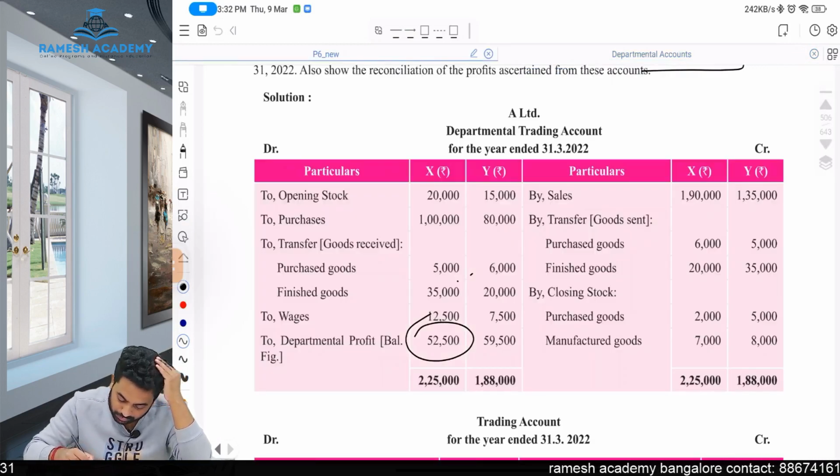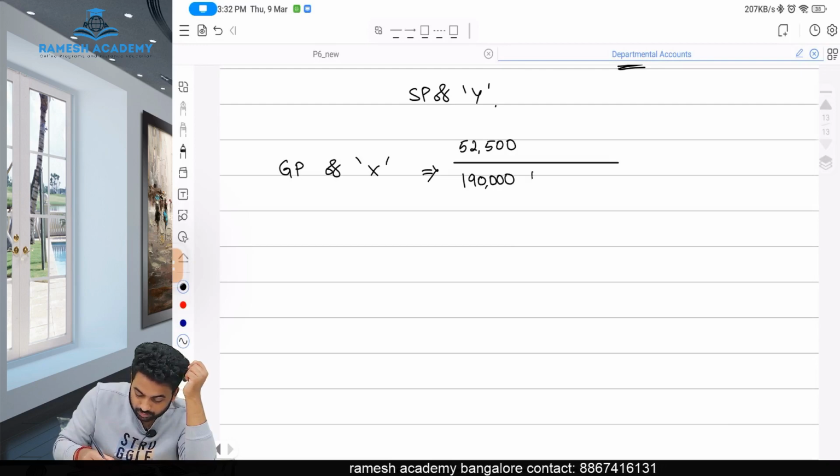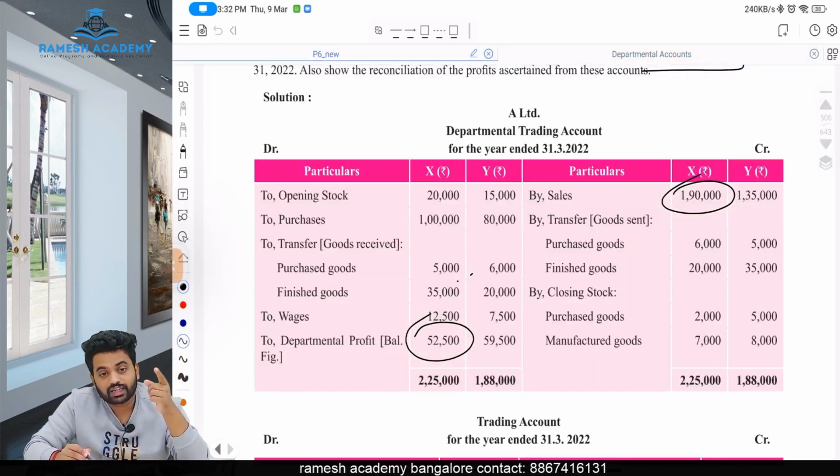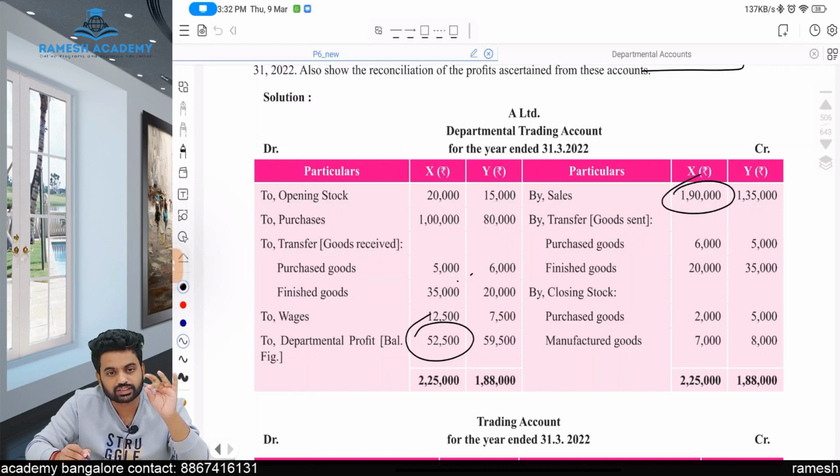For other people we sold, how much? 190,000. Plus we are sending two kinds of goods to our other department: one is purchased goods, one is manufactured goods. Purchased goods will be sent at cost only as per the question. Only manufactured goods will be sent at cost plus profit portion at a selling price.